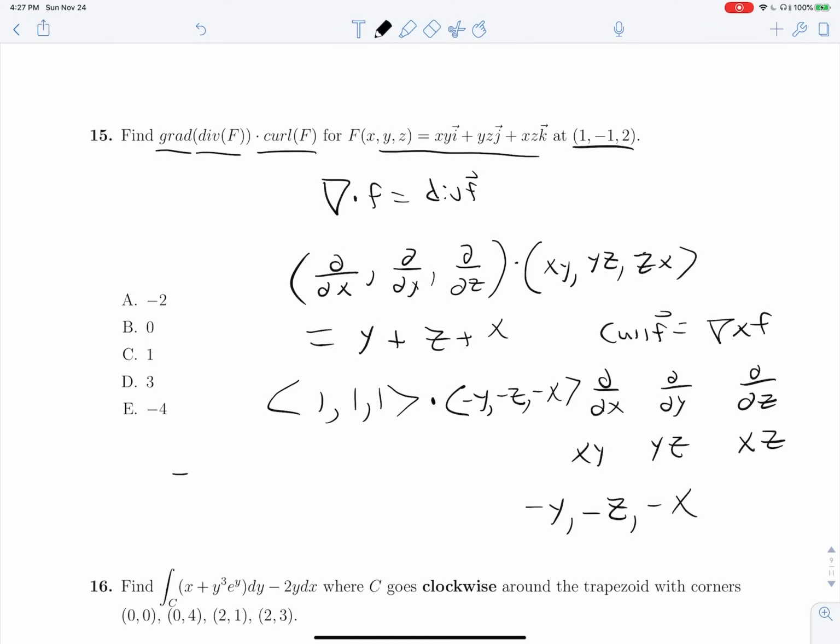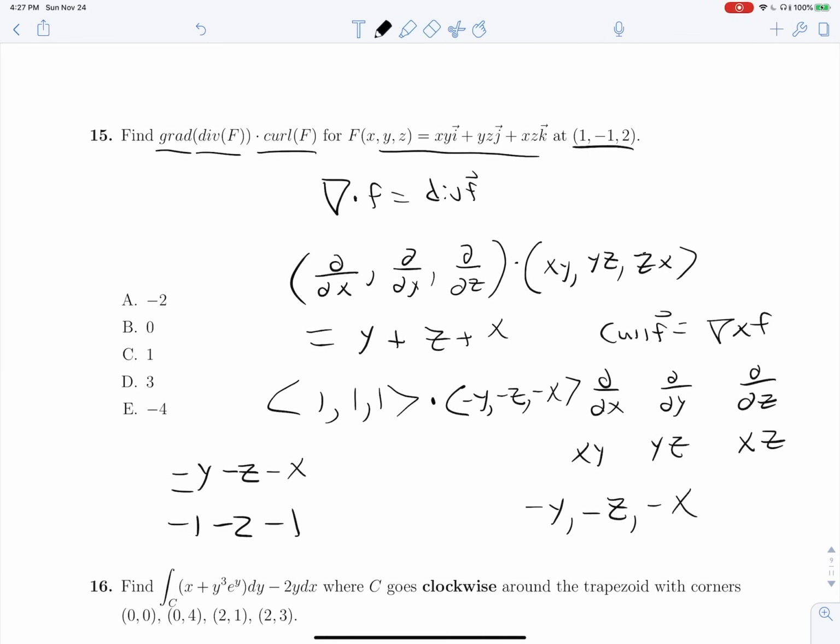So we are going to get negative y minus z minus x when we actually do our dot product, except x is 1, so negative 1, z is 2, so minus 2, and y is 1, so minus 1.